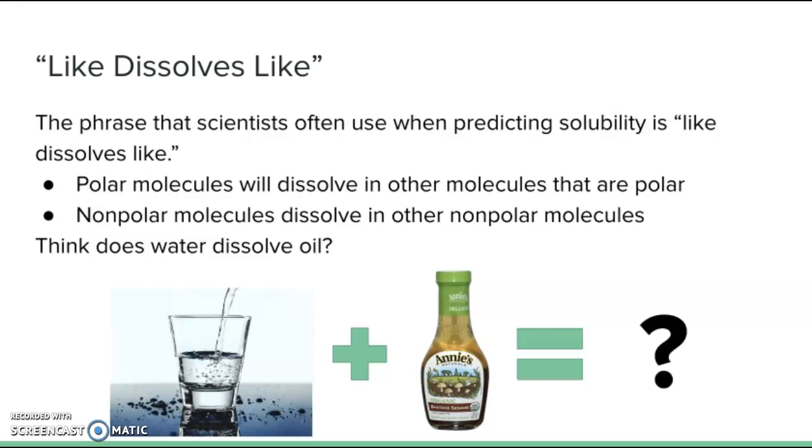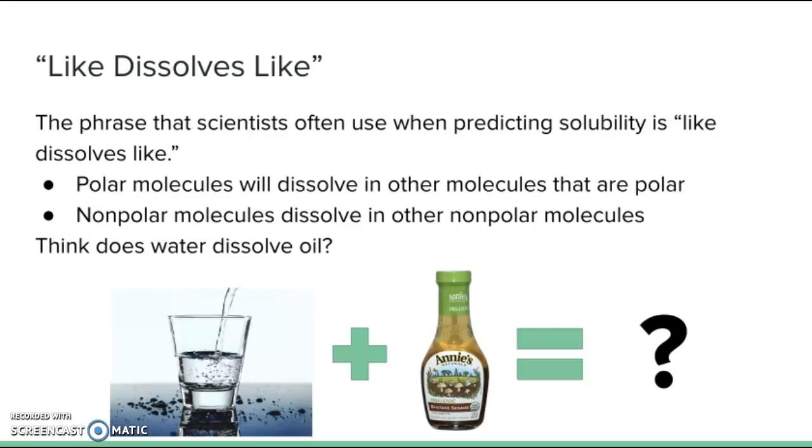This is all based on the polarity of my molecules themselves. Polar molecules are only going to be able to dissolve other polar molecules. Nonpolar molecules are only going to be able to dissolve nonpolar molecules. This plays a huge role in solubility, and solubility is the dissolving of something.